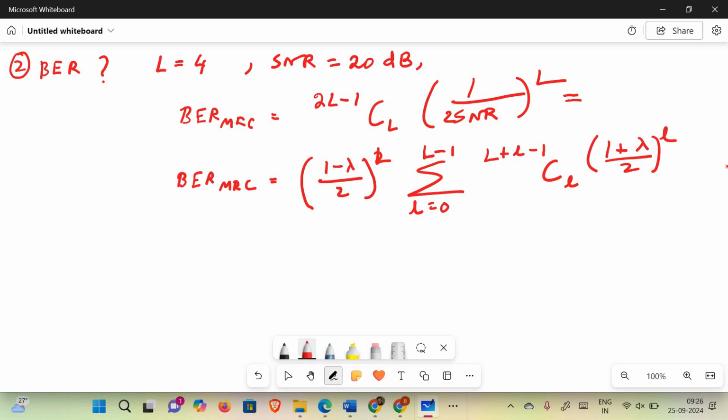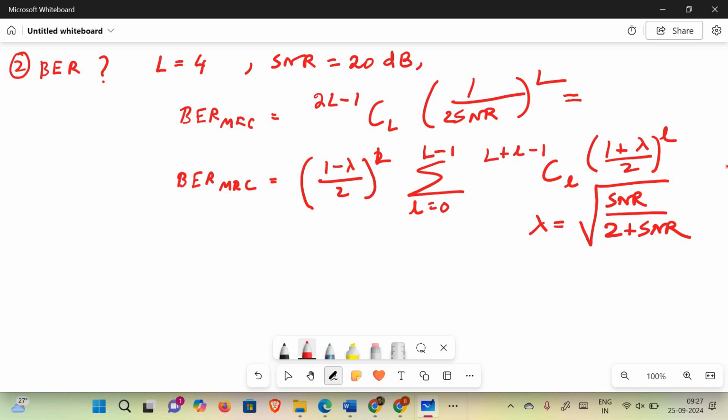So these are my two equations. I want all of you to please compute it. Just substitute the data. Remember, SNR is in linear scale, and this lambda, if you are using the exact one, is nothing but square root of SNR by 2 plus SNR. Please compute, take your time to finish this thing off.